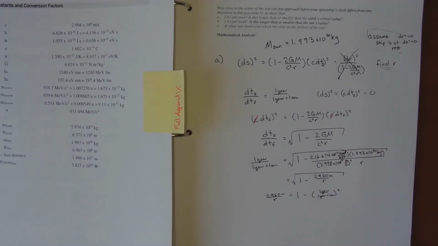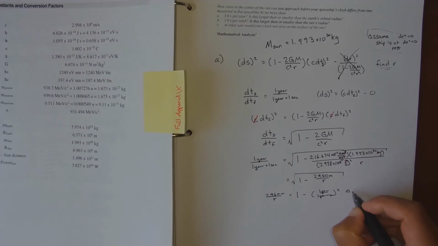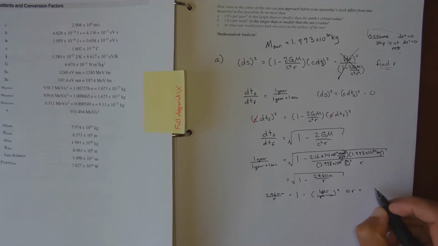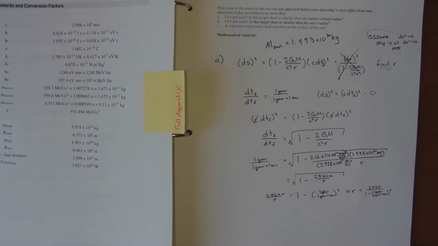Then I have to take the reciprocal of each side, and then I can multiply by 2,960. So that gives me r is equal to 2,960 divided by 1 minus 1 year divided by 1 year plus 1 second, squared.